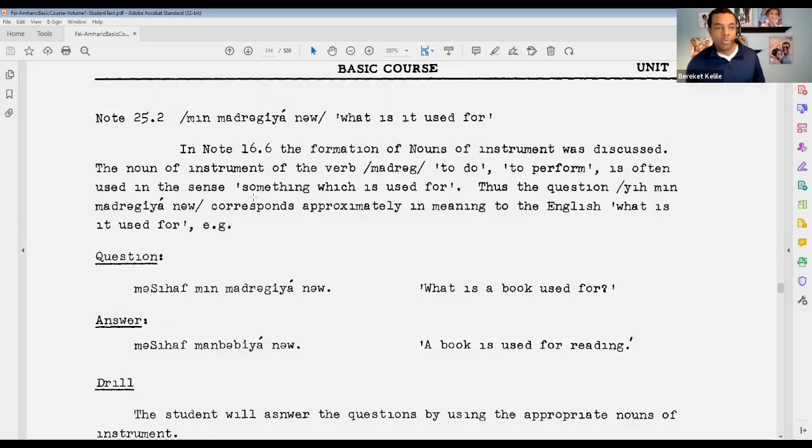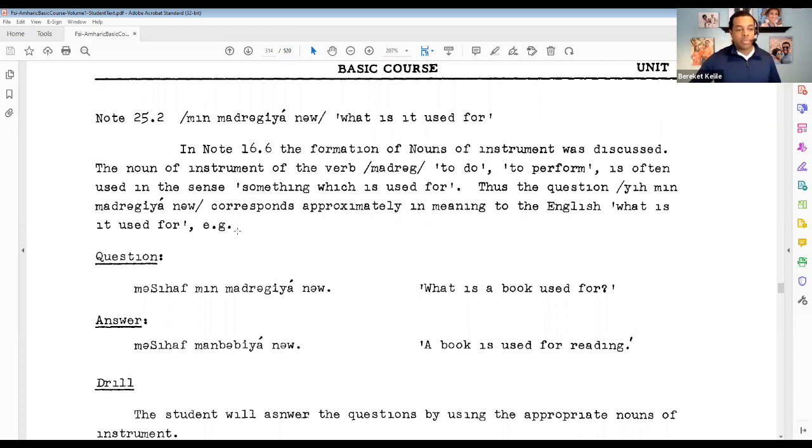And we'll finish out this unit with note 25.2, min madrigano, what is it used for? Recall from note 16.1, we saw the noun of instrument, especially for madrig, to do or to perform. And in that sense, it means it's often used as something which is used for, fill in the blank there. So thus the question here, yamin madrigano, corresponds in meaning to the English, what is it used for?